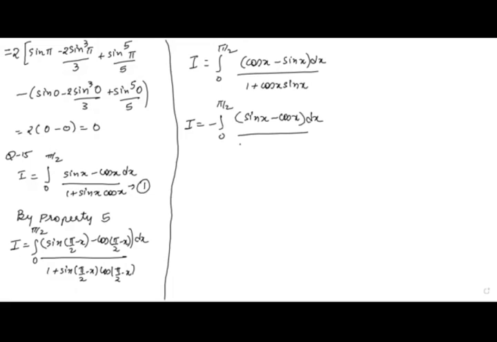And as multiplication is commutative, I can write it as sin x cos x. But from 1, I can see that this is I, from equation 1. So 2I is equal to 0. I is 0. Therefore, the value of I is 0.